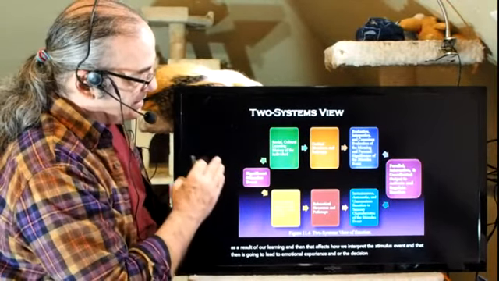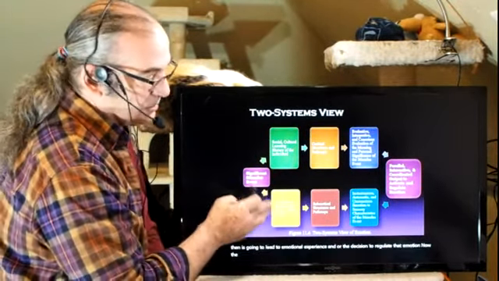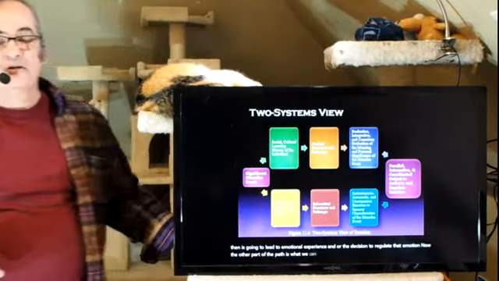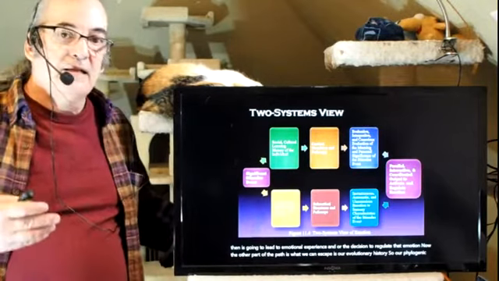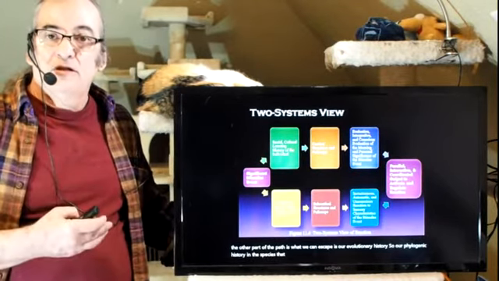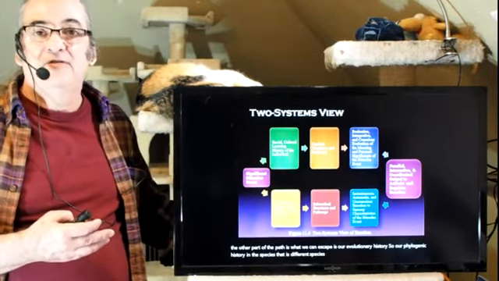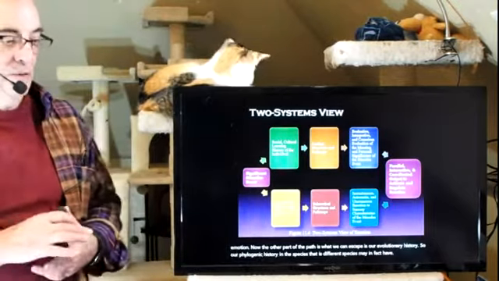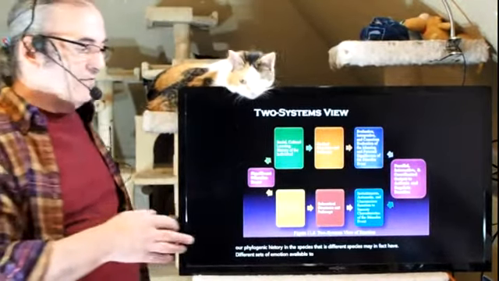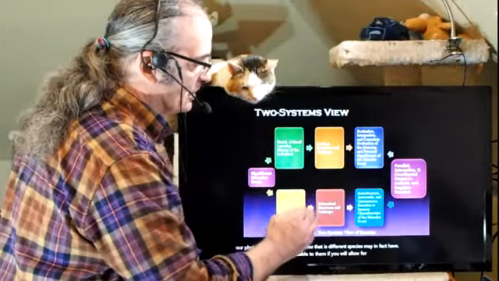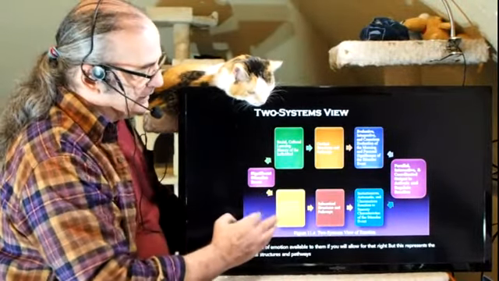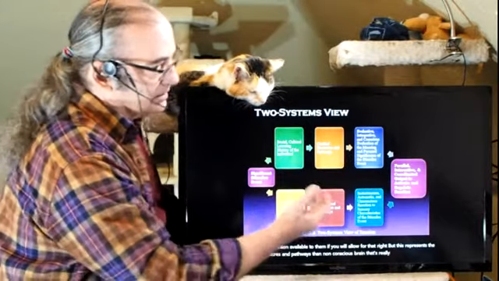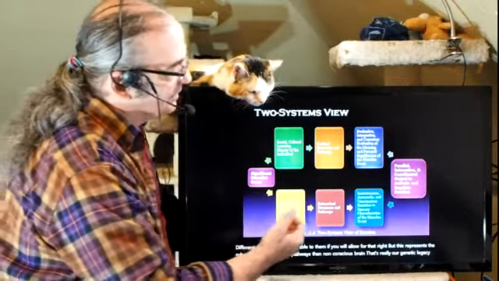Now, the other part of the path is what we can't escape, our evolutionary history. The phylogenetic history of the species: different species may in fact have different sets of emotion available to them, if you will allow for that. This represents the subcortical structures and pathways, the non-conscious brain. That's really our genetic legacy, the result of the process of evolution.